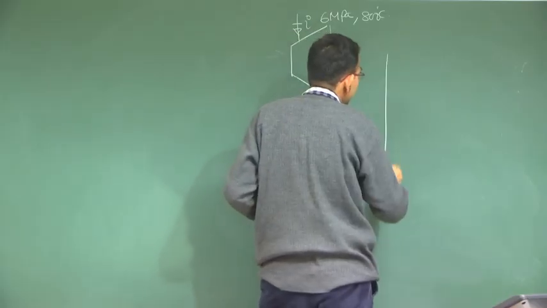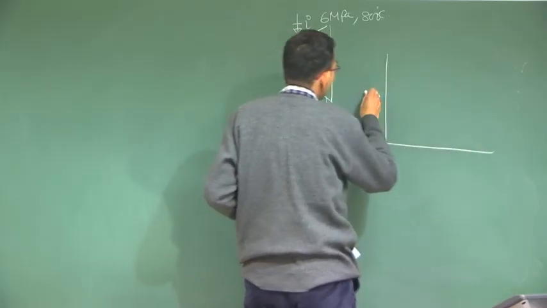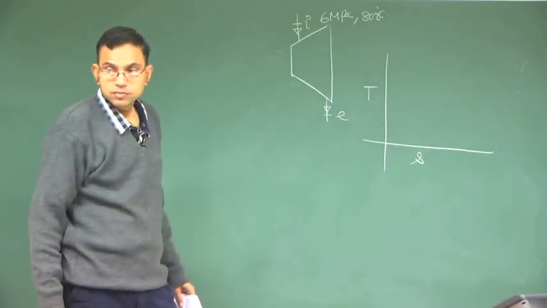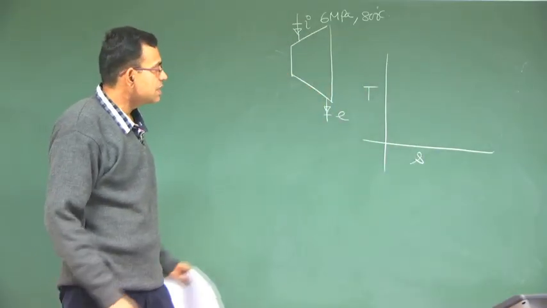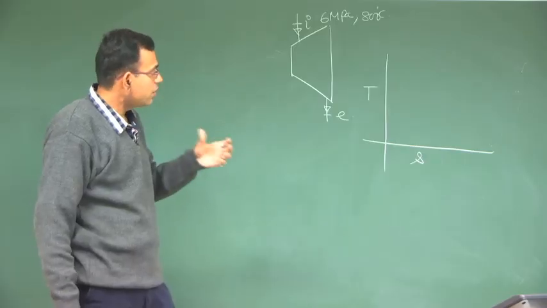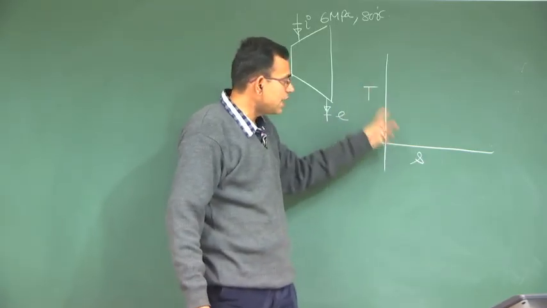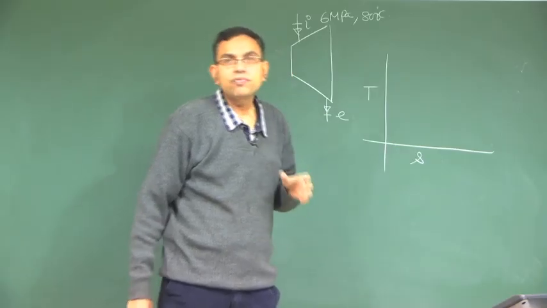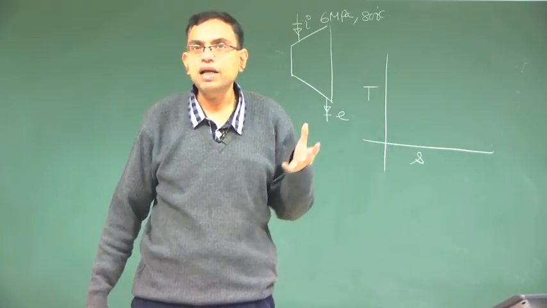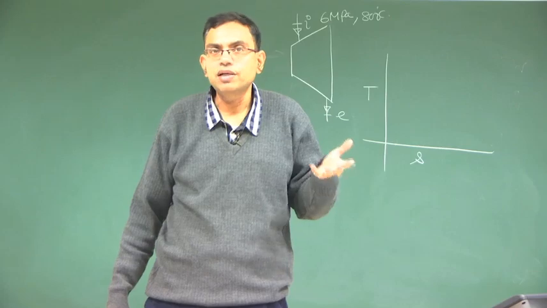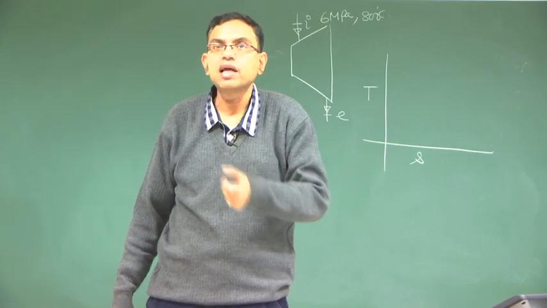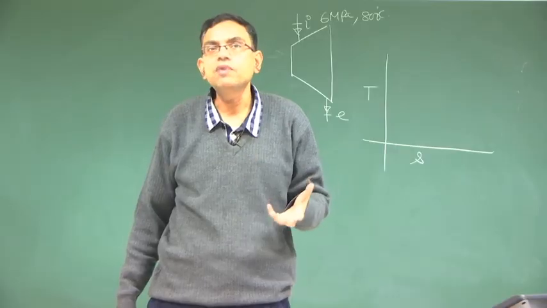So, if you draw this in a TS diagram, sometimes there is a temptation of drawing it in a enthalpy entropy diagram, HS diagram. The reason is that for first law based calculations you require enthalpy, you do not really require temperature. So, if there is a diagram that directly gives enthalpy versus entropy, then that is very convenient.